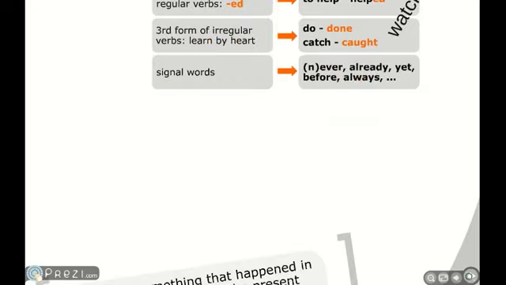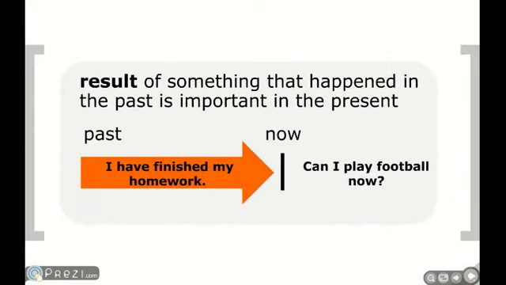Now, so much for the formation, and now let's continue with the use and see when you actually use the simple present perfect. Let's have a look at those two sentences here. The first one, I have finished my homework, and the second one, can I play football now? Now, why do we use the simple present perfect in that first sentence? I have finished my homework.